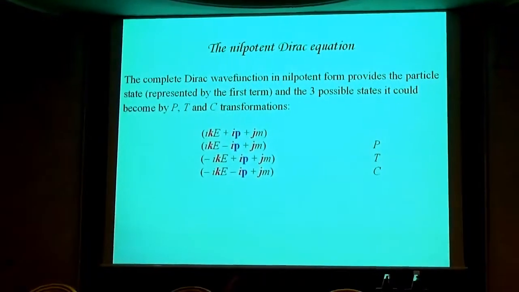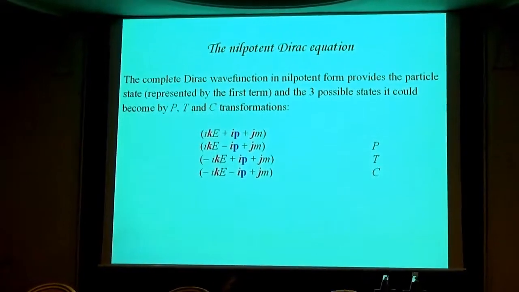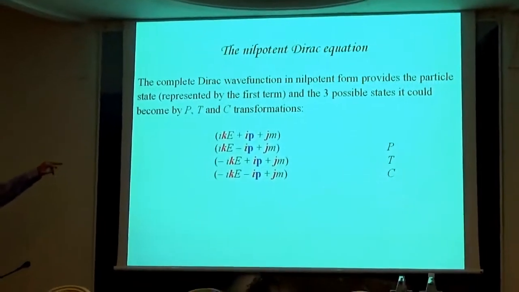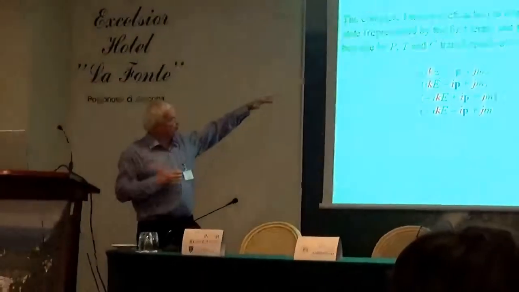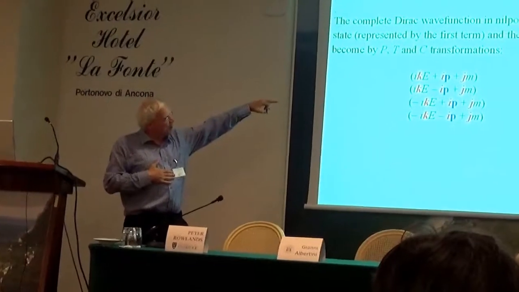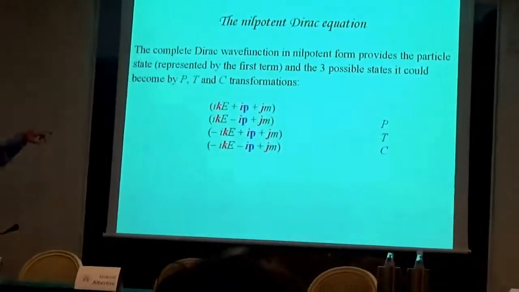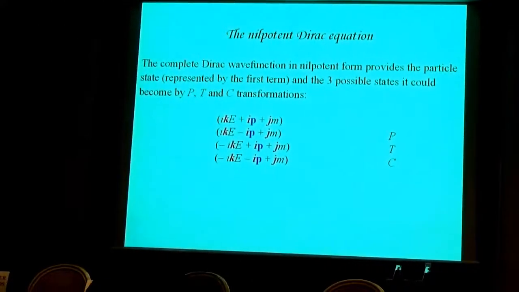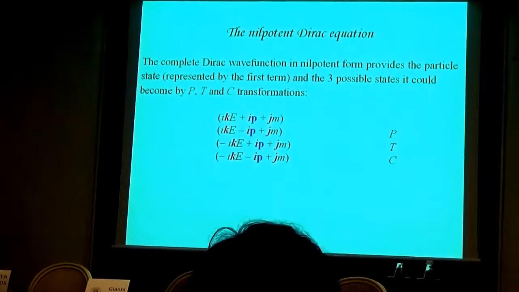What's the meaning of having 4 terms? This is the amplitude terms rather than the differential. It doesn't make any difference which we choose. If we look at the first term, let's suppose that represents a Fermi electron or something, then the other 3 are the parity translation, the time translation, and the charge conjugation. So those are the 3 changed versions.